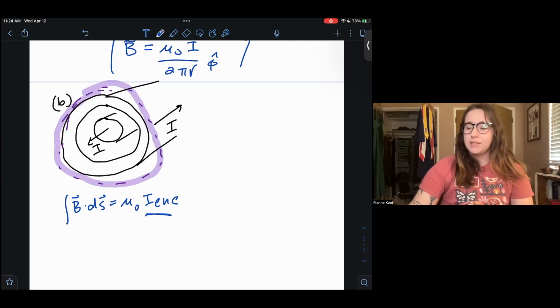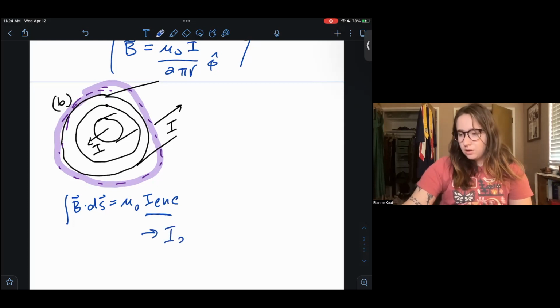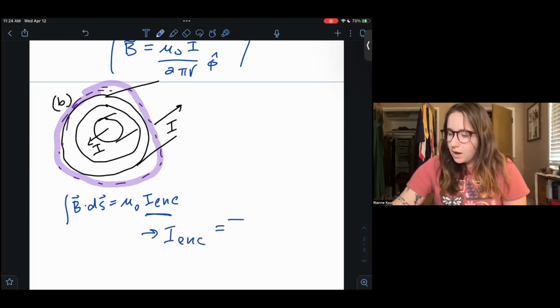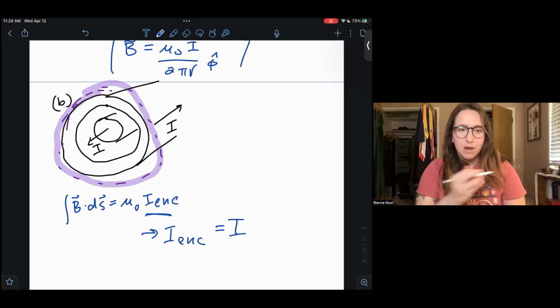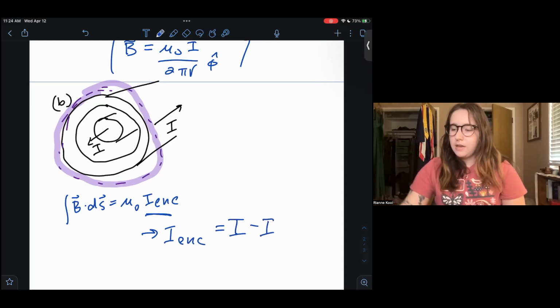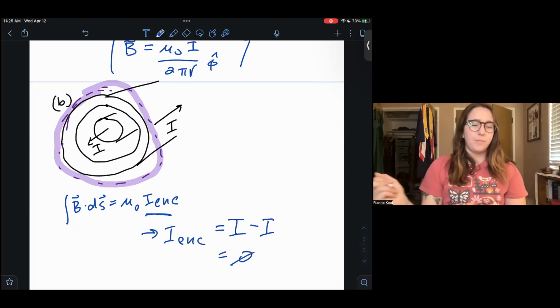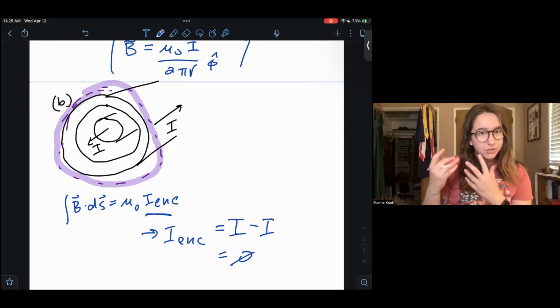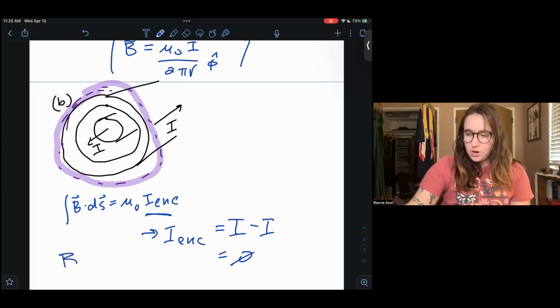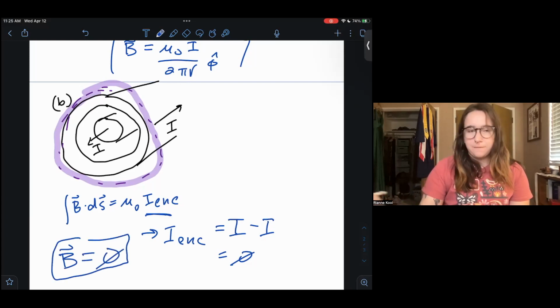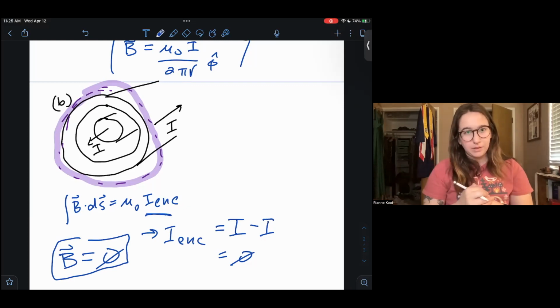So in this case, our I enclosed is equal to I, which is flowing in the positive direction, minus I, which is flowing in the negative z direction. So our I enclosed is equal to 0. If our I enclosed is equal to 0, what must our magnetic field be equal to? Right. If we have no current enclosed in our Amperian loop, the magnetic field is equal to 0.